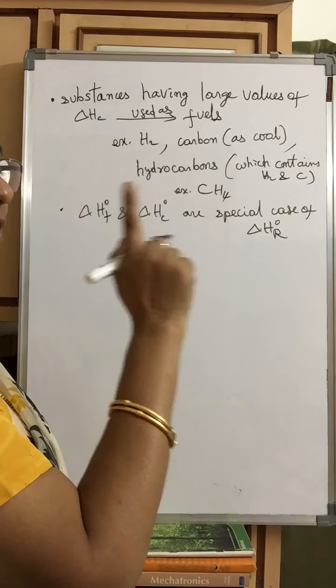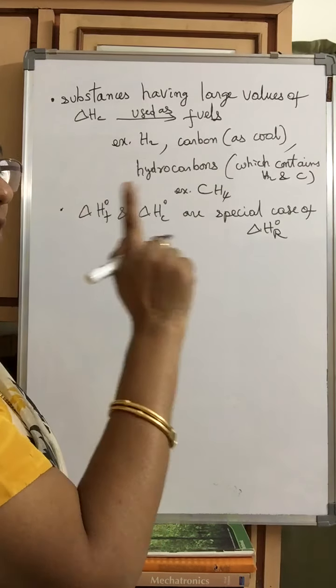That means to burn 1 mole of any substance, when we burn it, what amount of heat energy will be evolved? That we write as delta HC. So for that particular reaction, it is nothing but delta HR only. So these are special cases of delta HR.